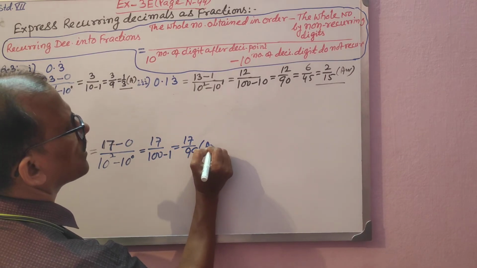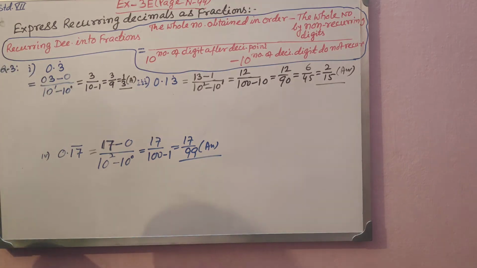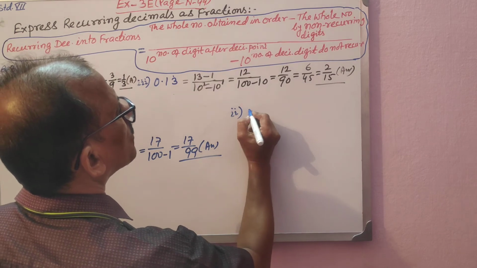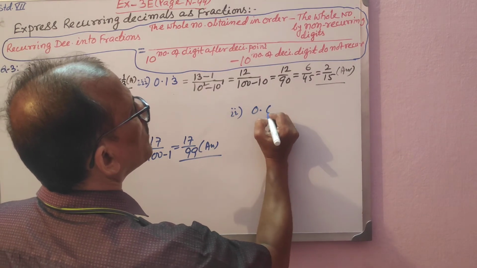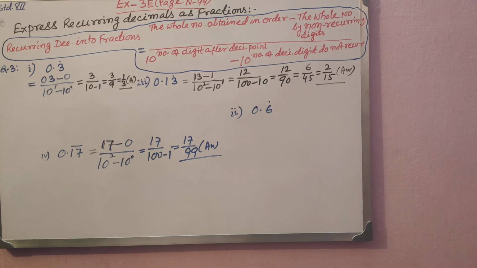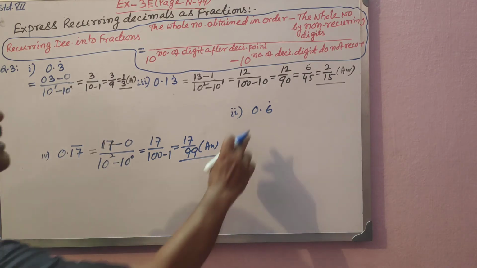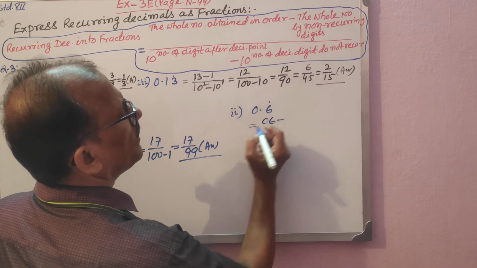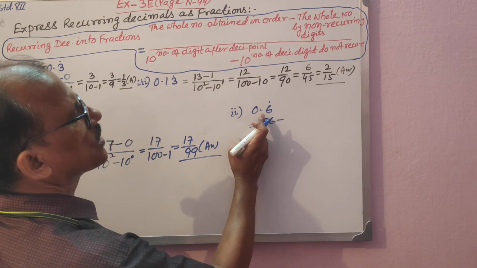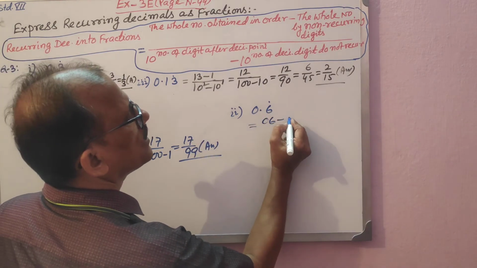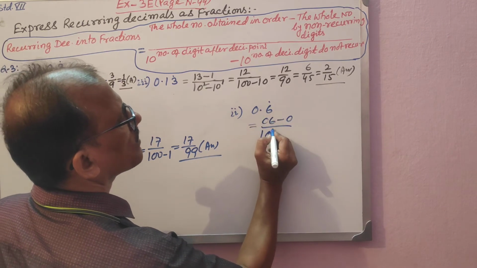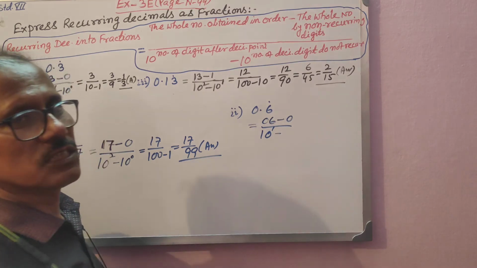That is the answer. Could you understand me? Okay, let us do the other one also. The second one we can also do very nicely. What is given to you? The sum is 0.6 recurring, the dot on 6 means 6 is recurring. So whole number in order 06 minus whole number which is not recurring, that in order, that is 0, divided by 10 to the power how many decimal digits? 1 decimal digit, minus how many digits are not recurring?